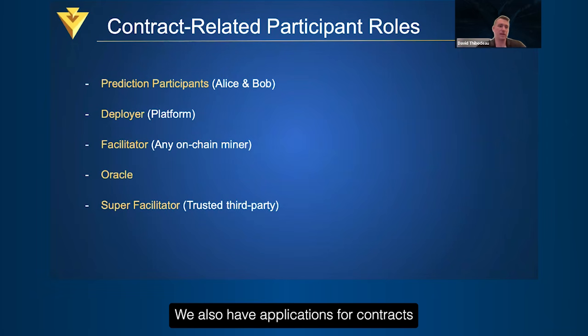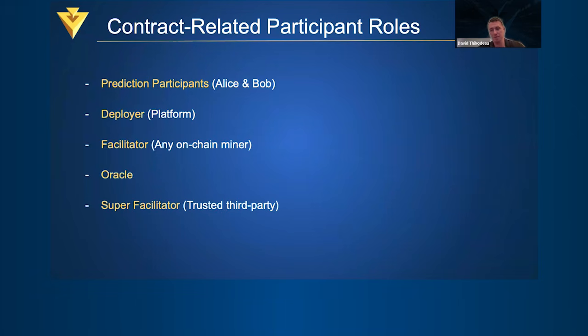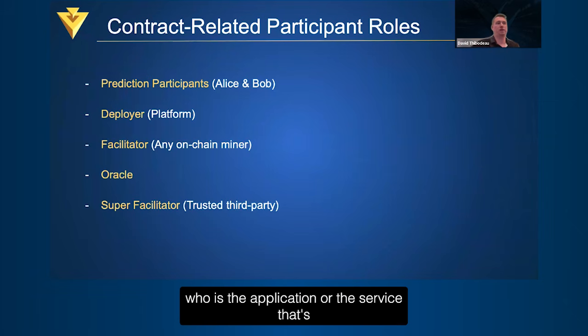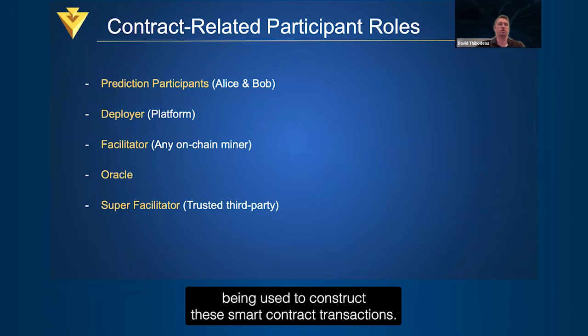We also have applications for contracts that are used in blockchain gaming, many other use cases as well. But for the sake of this example, we had Alice and Bob. We have the deployer, who is the application or the service that's being used to construct these smart contract transactions.